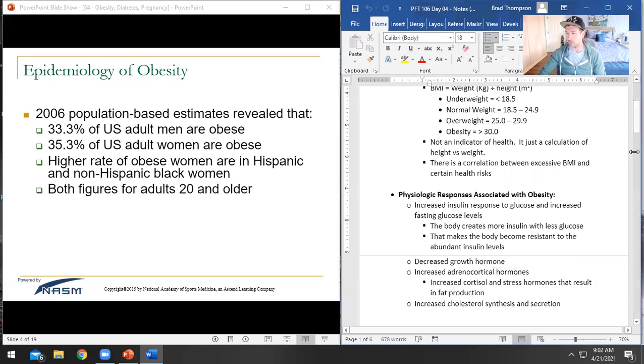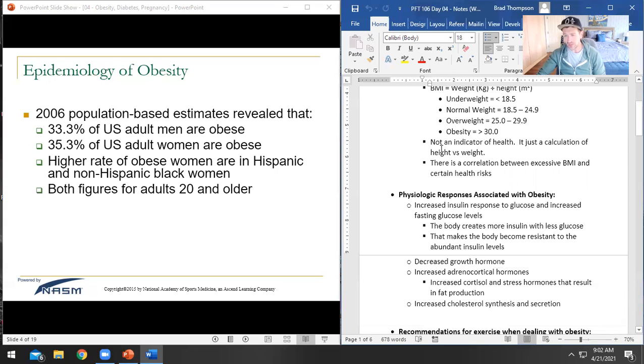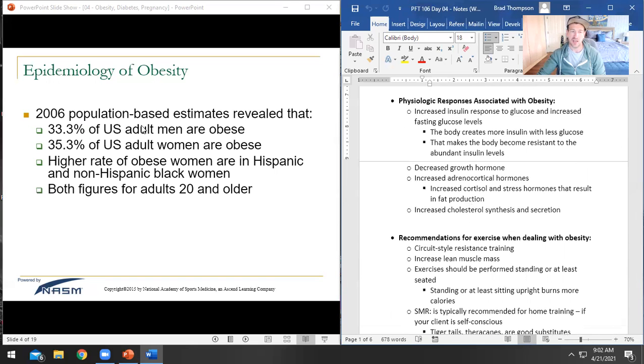That's how obesity really works. You're not necessarily guaranteed to catch any chronic illnesses, but there is a correlation, and you put yourself at increased risk. You're basically putting more money down on more numbers, the higher your BMI goes. So we do see that there are some risks here.